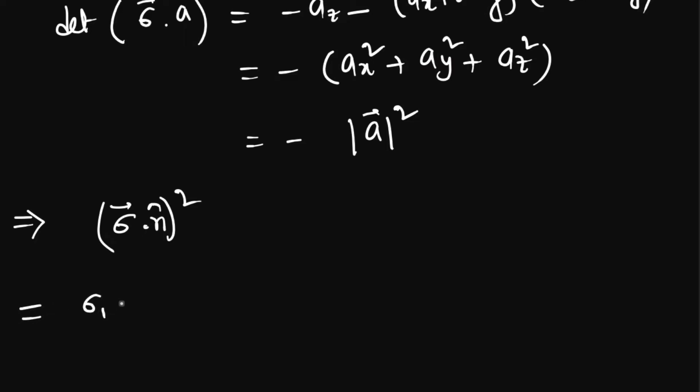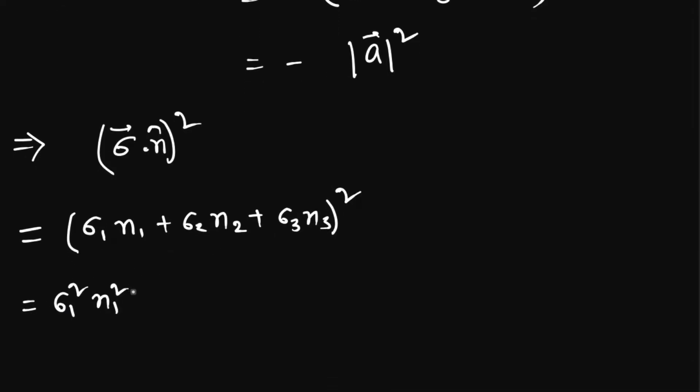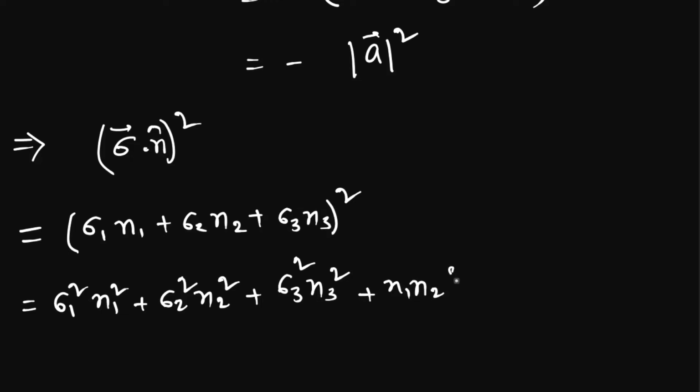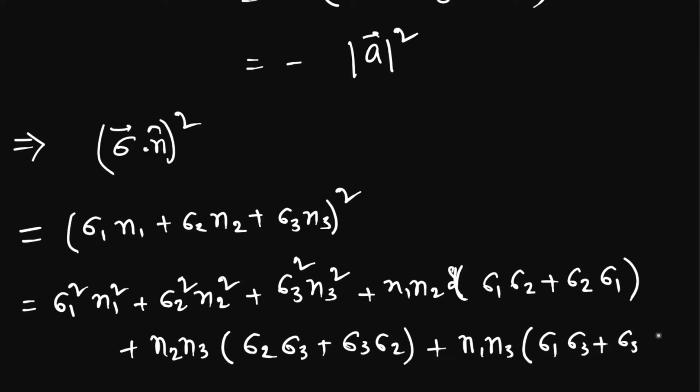It is equal to sigma 1 n1, where n is a unit vector, plus sigma 2 n2 plus sigma 3 n3, its square, which is equal to sigma 1 square n1 square plus sigma 2 square n2 square plus sigma 3 square n3 square plus n1 n2 into sigma 1 sigma 2 plus sigma 2 sigma 1, plus n2 n3 sigma 2 sigma 3 plus sigma 3 sigma 2, plus n1 n3 sigma 1 sigma 3 plus sigma 3 sigma 1.